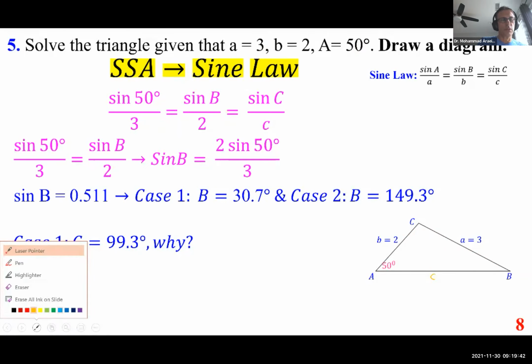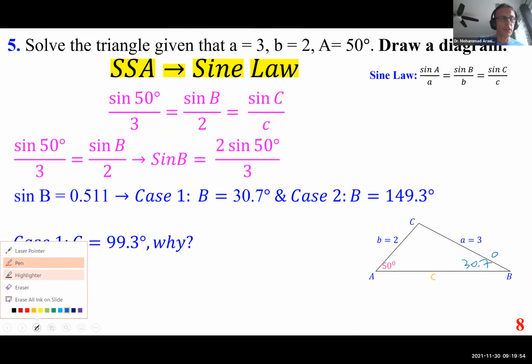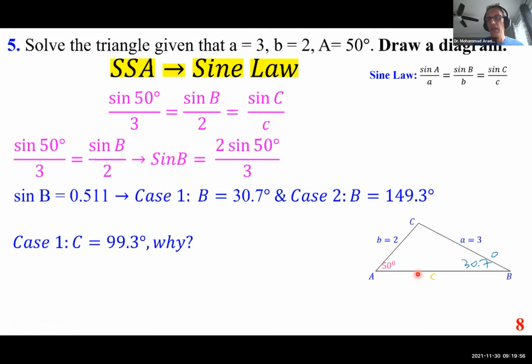So let me just quickly put this in. With case one, B is 30.7 degrees. A plus B plus C is 180. And so add these two, subtract it from 180, you get C equals 99.3.